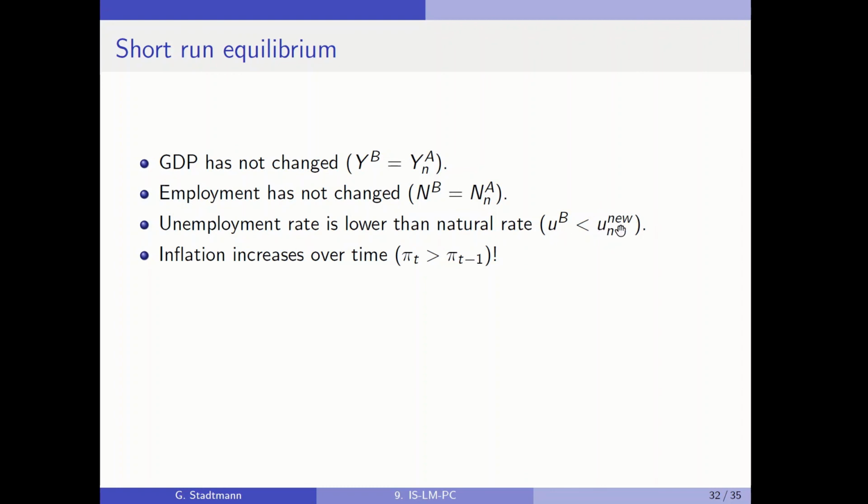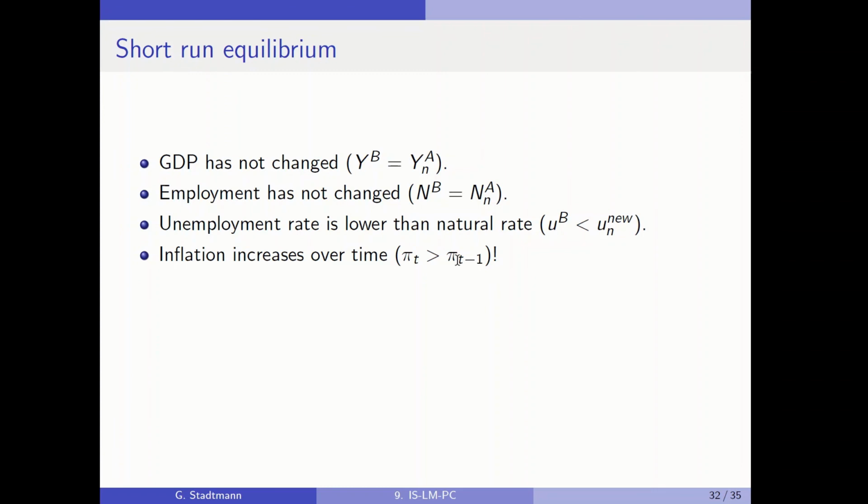We have a new natural rate of unemployment, and the realized unemployment rate is lower than the natural rate of unemployment. The inflation rate will increase over time, so the inflation rate in year T is larger than in the previous year.